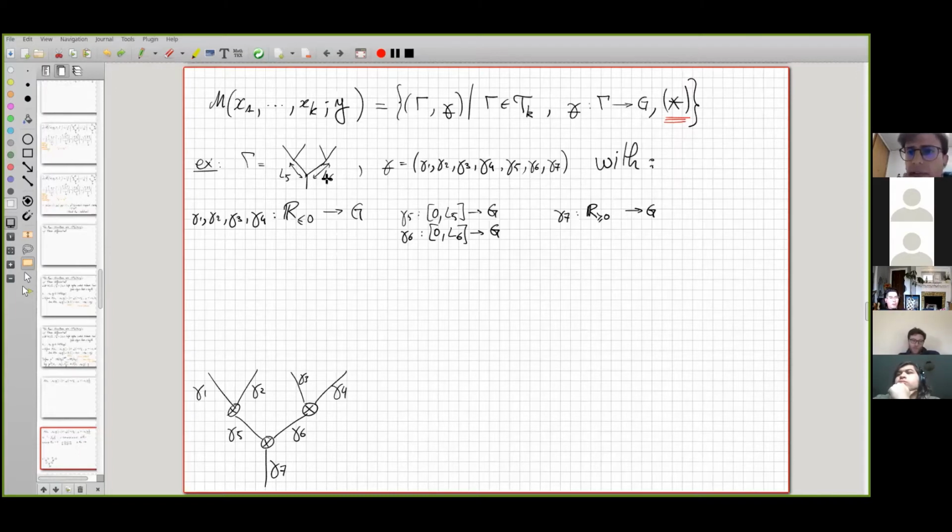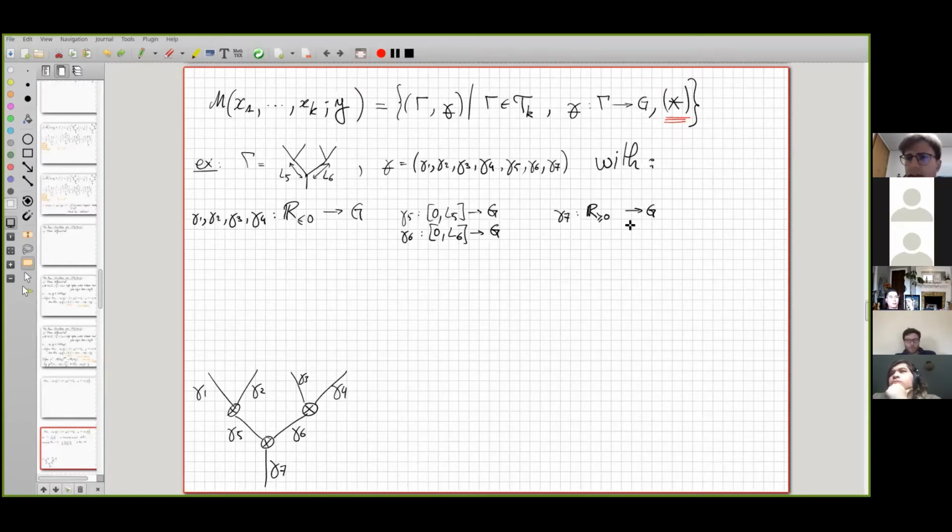Then a map gamma from the tree to G will consist of a 7-tuple of maps: gamma 1, gamma 2, gamma 3, gamma 4 will be semi-infinite Morse trajectories. And then these two will be maps from the closed intervals of length L5 and L6 to G. And then gamma 7 will be again another infinite Morse trajectory, but in the other direction.